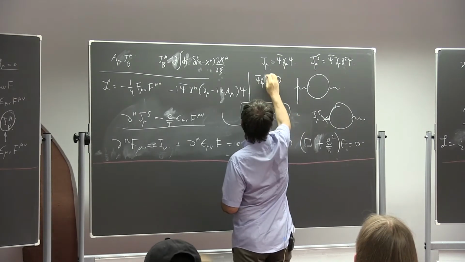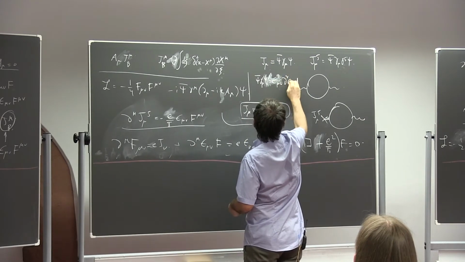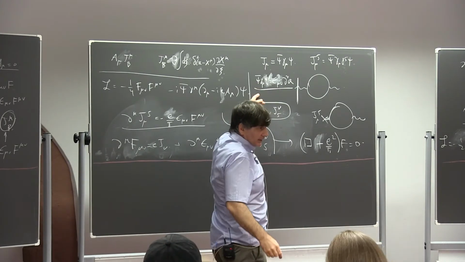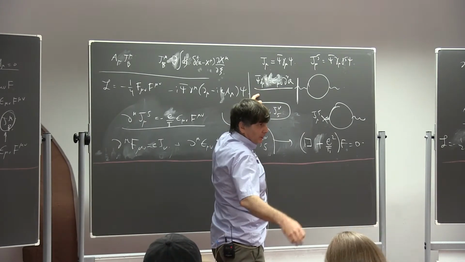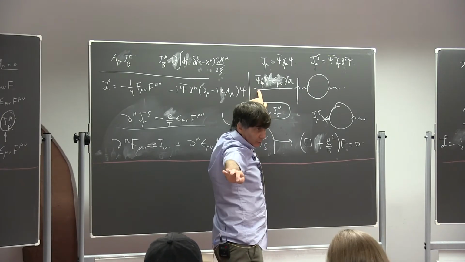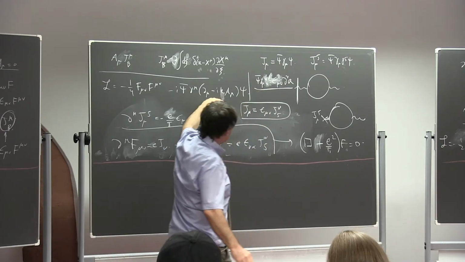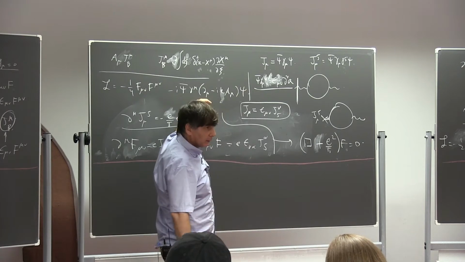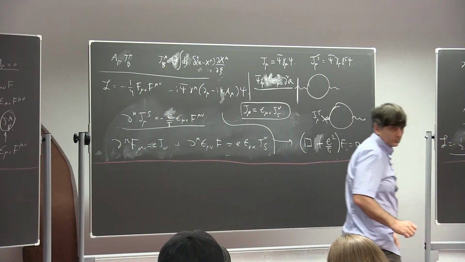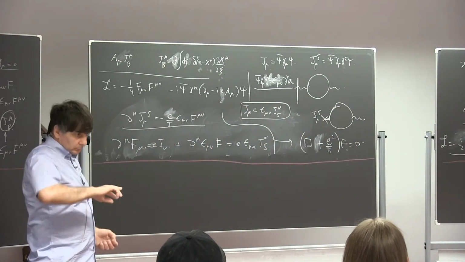These bosonization relations in 1 plus 1 dimensions are known independently, and have nothing to do with whether you want to generate mass for the photon or not. If I use these relations here, I will get this immediately.